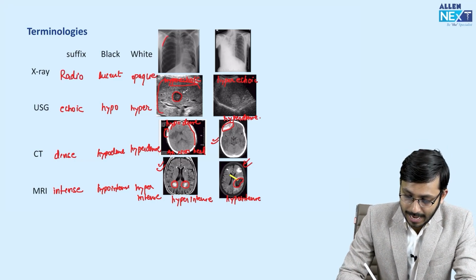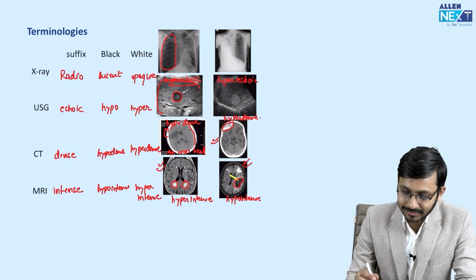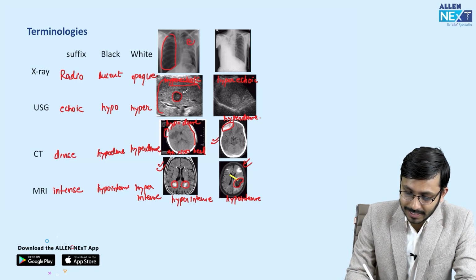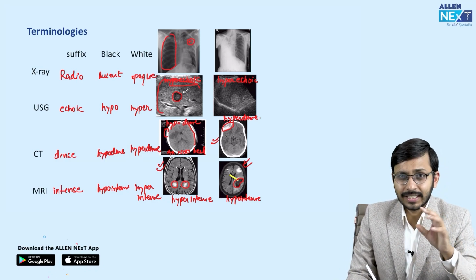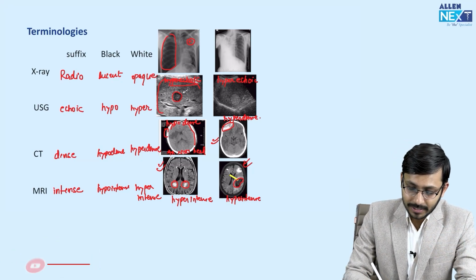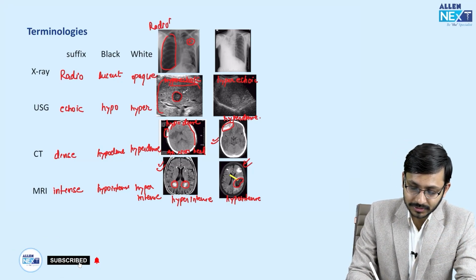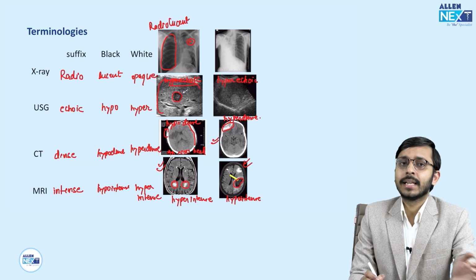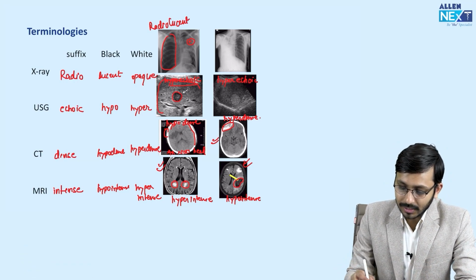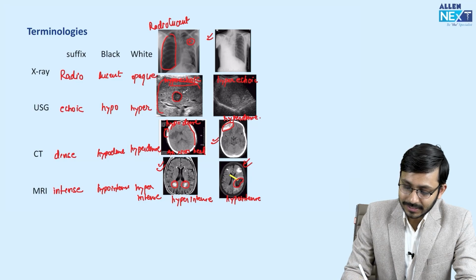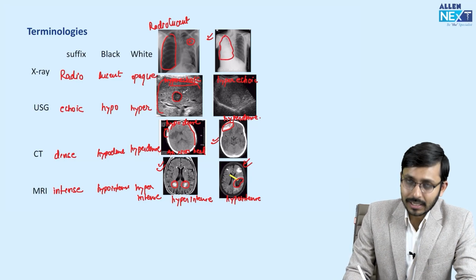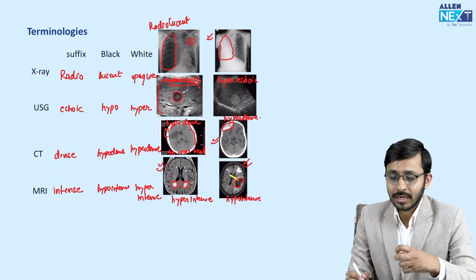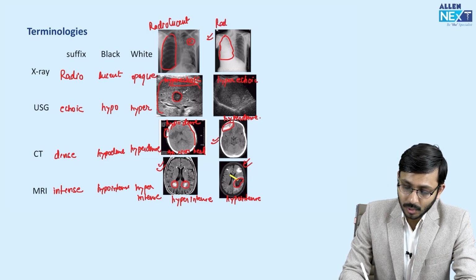Anything blacker on X-ray, for example, this is the normal lung, and in this area of the right lung we see it is more black. So it will be called a radiolucent area in the right lung. Similarly, on the second image, we see that there is a brighter area on the right lung as compared to the left lung. So we'll call it radiopaque.